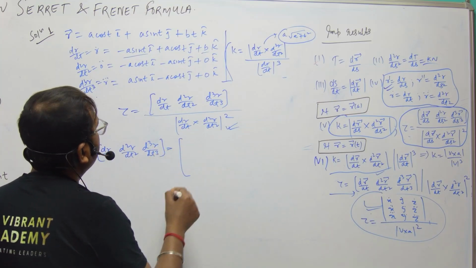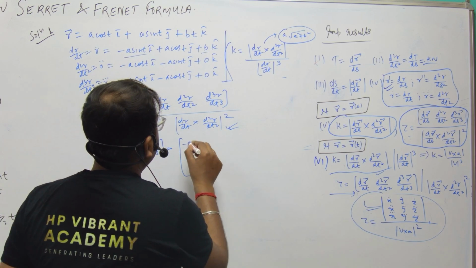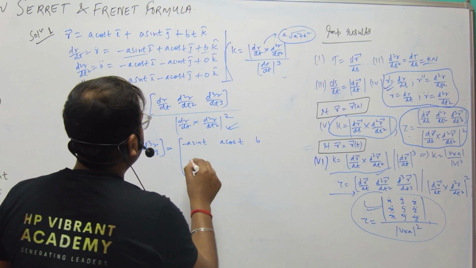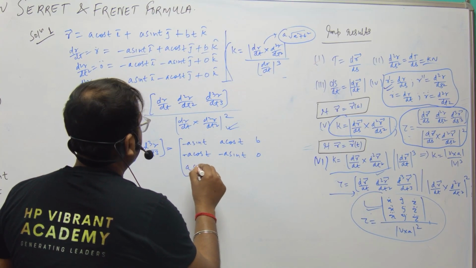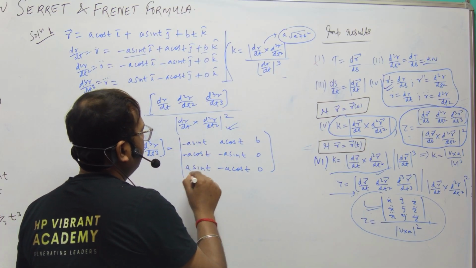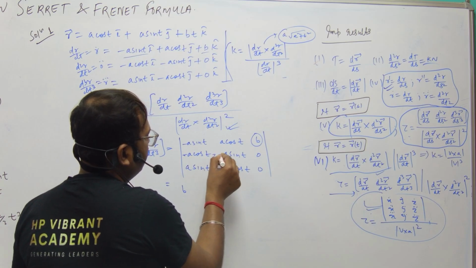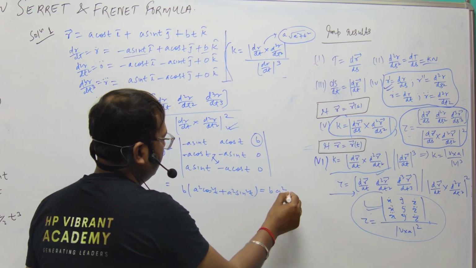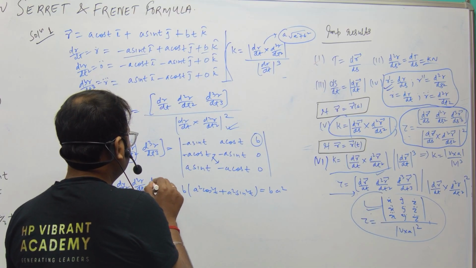The scalar triple product we can present as a determinant. Let us write down the coefficients: for the first vector dr upon dt, minus a sin t, a cos t, b; for the second vector d2r upon dt square, minus a cos t, minus a sin t, 0; for the third vector, a sin t, minus a cos t, 0. Evaluating the determinant, the scalar triple product is b times a square cos square t plus a square sin square t.